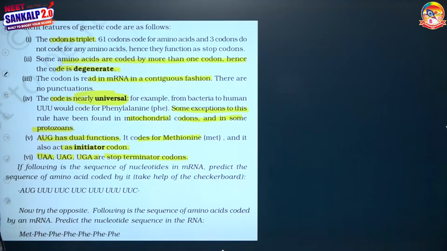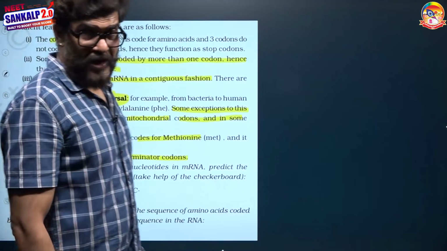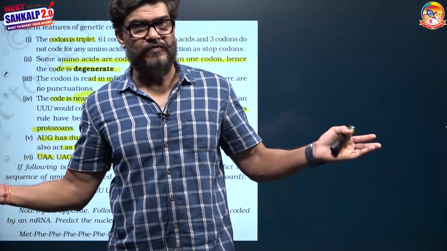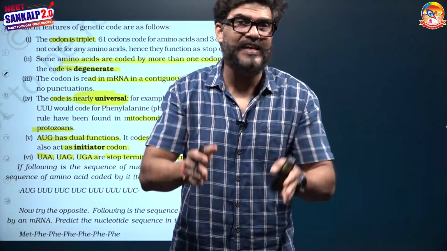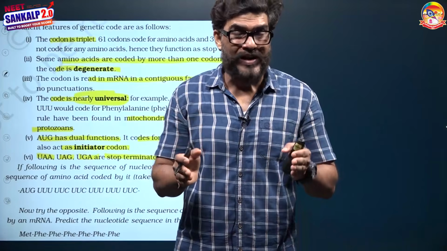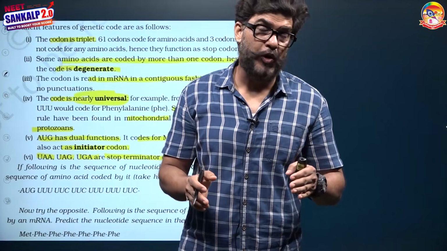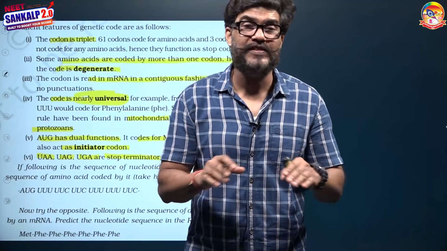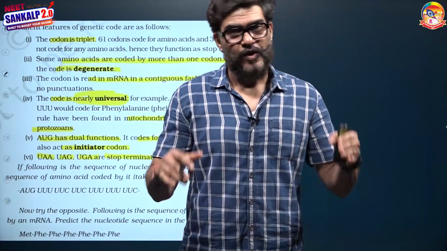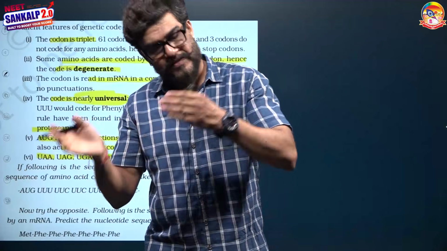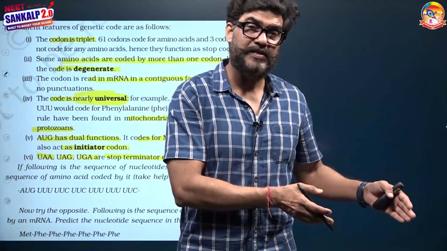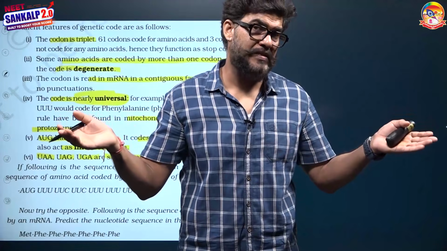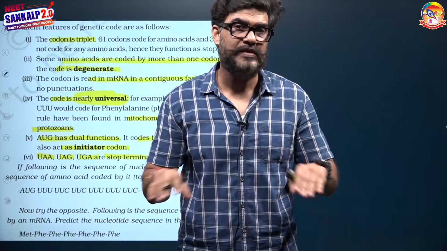But the reverse is not possible. If the sequence of amino acids is given, then due to degeneracy, because one amino acid can be coded by more than one codon, the exact nucleotide sequence we cannot find out. From the sequence of nucleotides, the sequence of amino acids can be predicted, but from the sequence of amino acids, the sequence of nucleotides cannot be predicted.